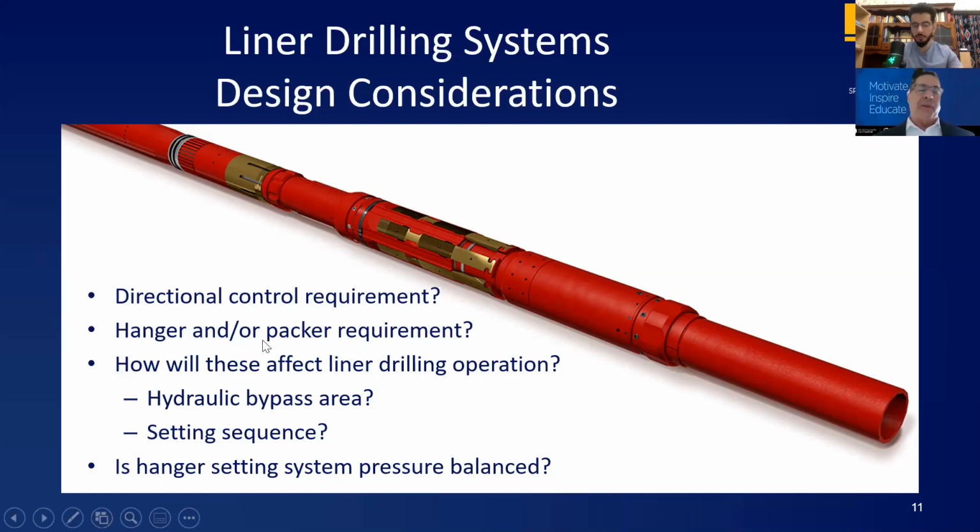Now, as far as a packer, many times we advise the operator to run a packer on the second trip if he can do that. The reason for this is the packer encompasses a lot of hydraulic bypass area, and it could impede your liner drilling operation by making you pump at a slower rate, which could affect hole cleaning and wellbore stability issues. So you really have to take everything into consideration.